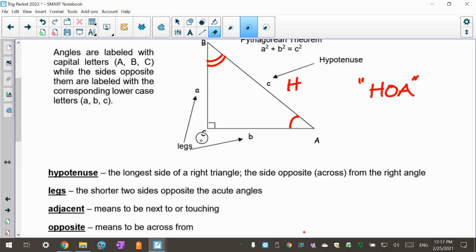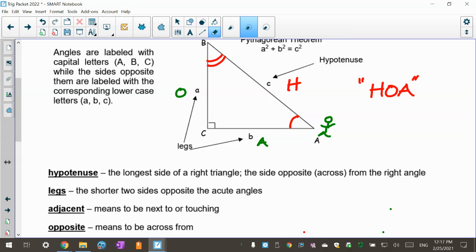What is a little bit different is it depends on the angle you're talking about. Right now, if I'm talking about angle A, and I was standing right here and labeling this HOA, the H stands for hypotenuse, O stands for opposite, A is for adjacent. You have to put yourself here and look opposite. So your O would be here and what's left over is adjacent.